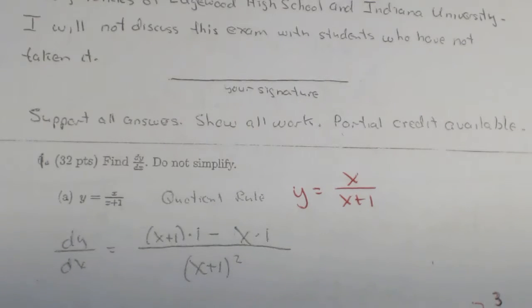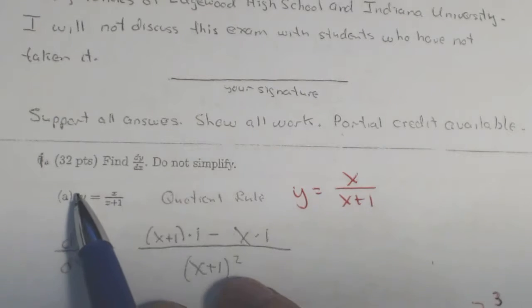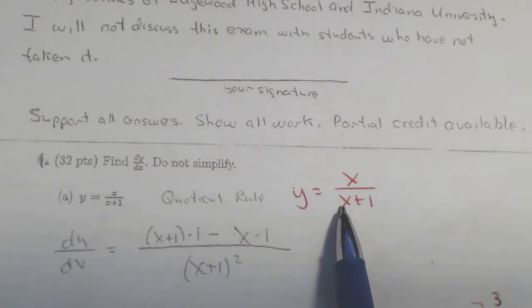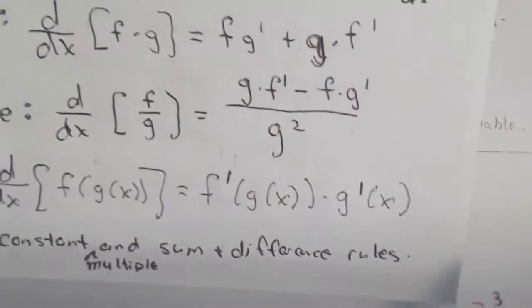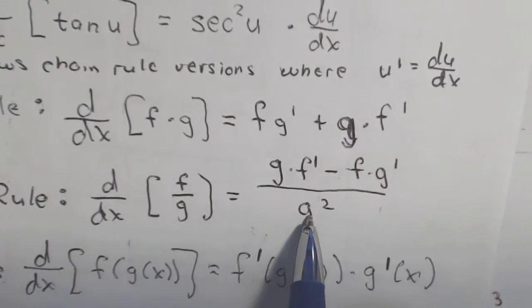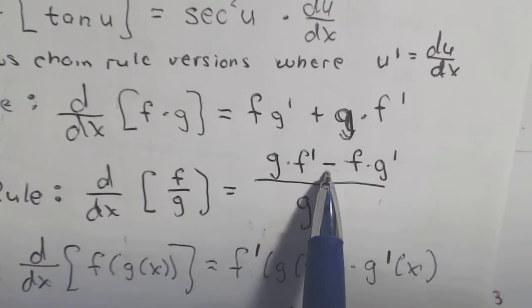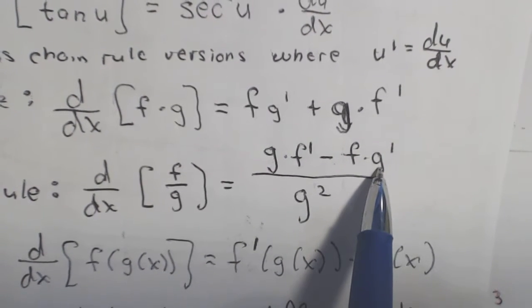So on our first problem, we've got the quotient rule here because I rewrote the originals so I could see them better here. It's y equals x over x plus 1. It's the quotient rule. And off of one of my new pages on Calculus in a Nutshell, there is your quotient rule. Square the denominator, write the denominator times the derivative of the numerator minus the numerator times the derivative of the denominator.